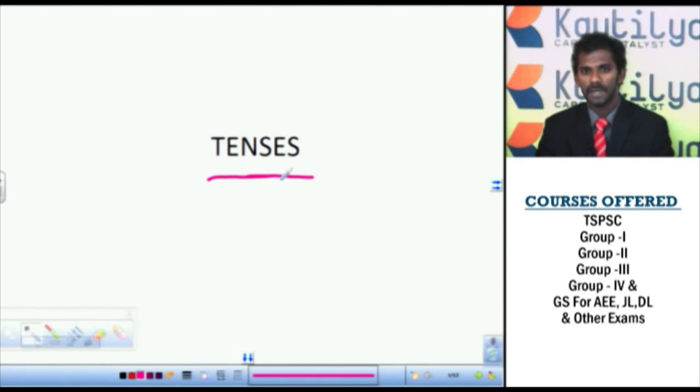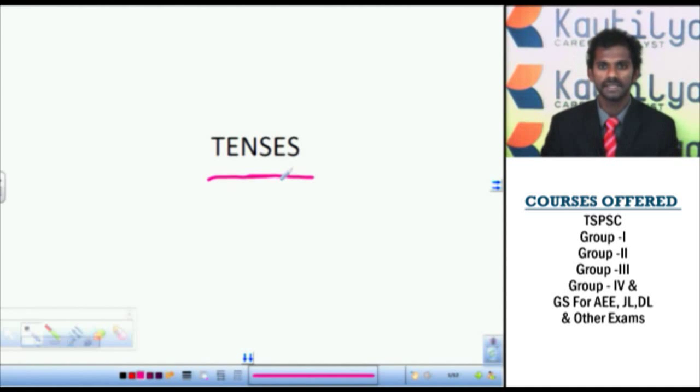Whereas if the time of the past action is not mentioned or unknown, we have to go for present perfect. So present perfect is used to refer to a past action if the time of the action is unknown or not mentioned. Clear?